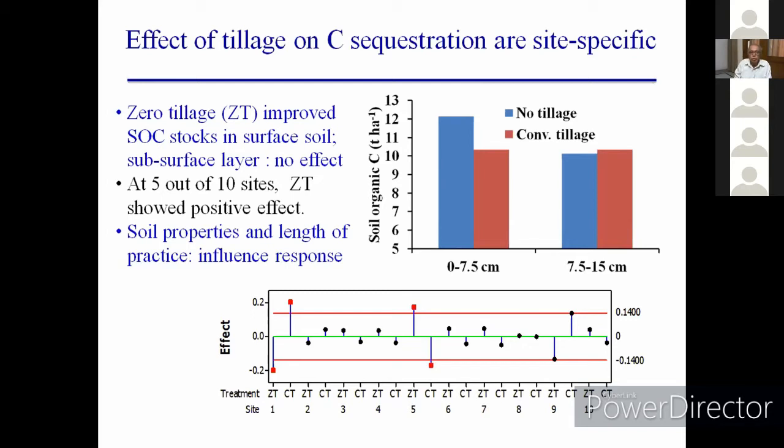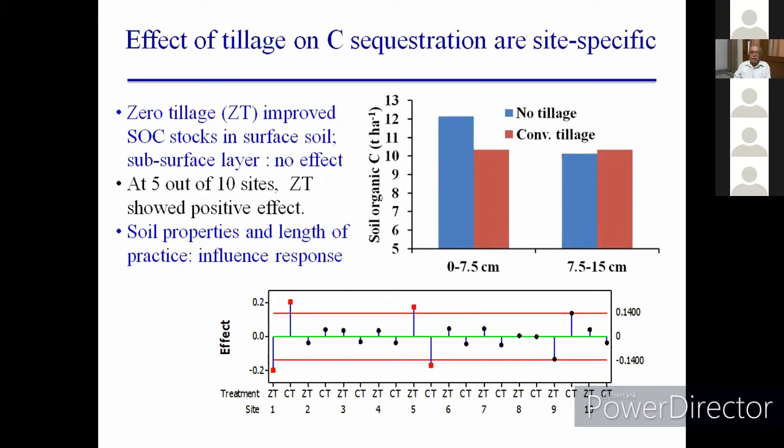And another very important aspect, whether you are tilling or not tilling, for those who are maybe getting this training as students, is how much soil to sample. Tillage is a big issue. If you are tilling up to 35 centimeters with a plow or chiseling, and you are sampling only up to 15, 20, or 25 centimeters, you are producing artifacts.